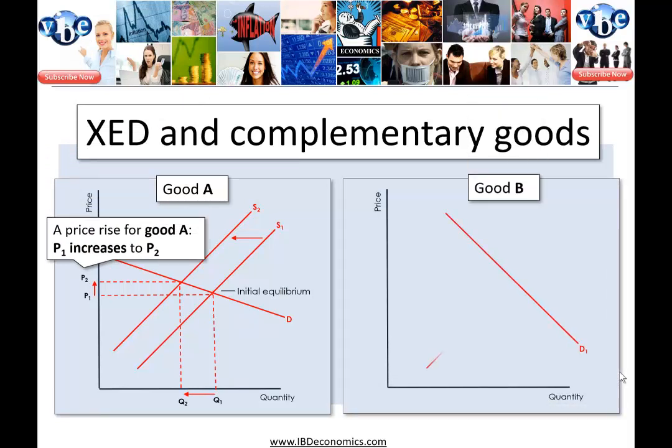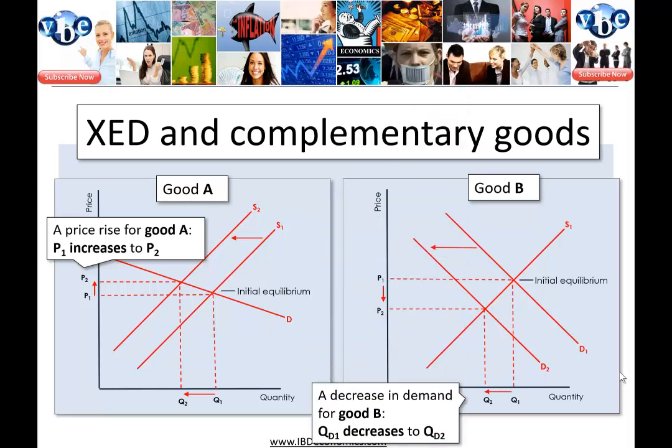Okay, so a price rise for good A, if they are complementary goods, good A and good B are complements, then as P1 increases to P2, because the quantity demanded decreases from Q1 to Q2, and these goods are purchased together, consumed together, there's going to be a decrease in the quantity demanded for good B. So a price rise for good A, P1 increases to P2, that price rise and the decrease in the quantity demanded for good A is going to lead to a decrease in demand for the complement good, good B. QD1 decreases to QD2.